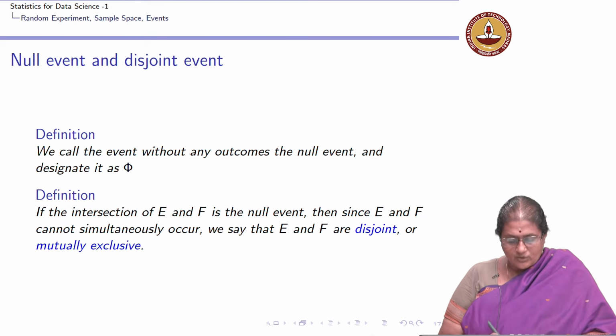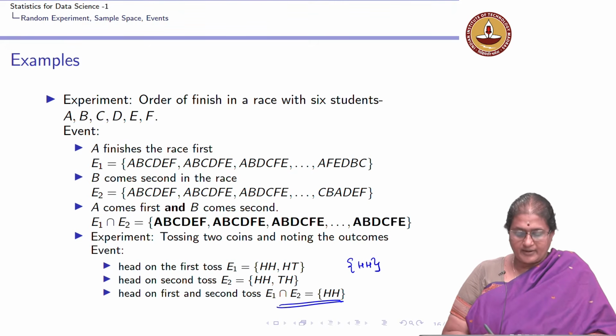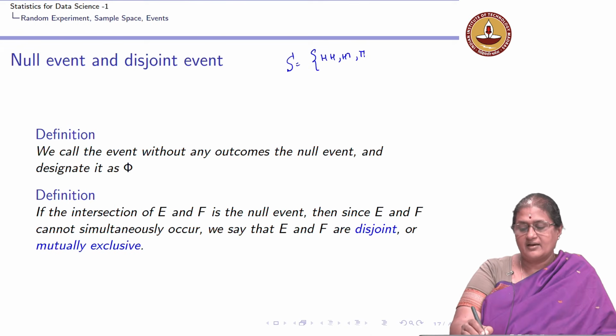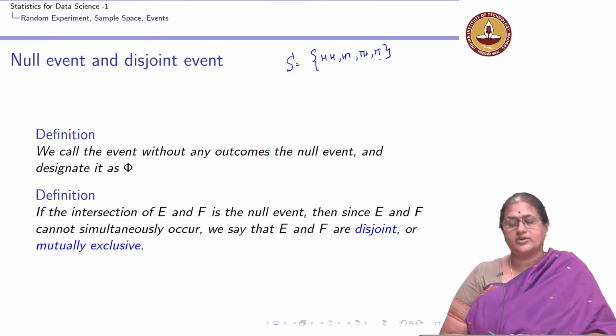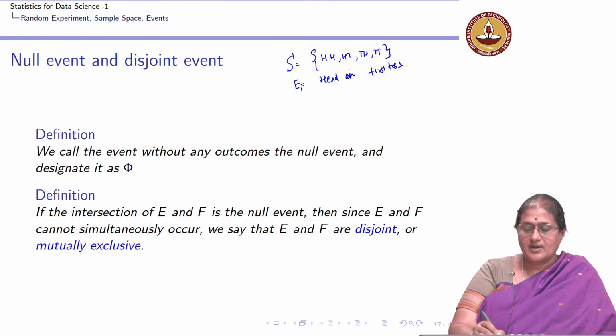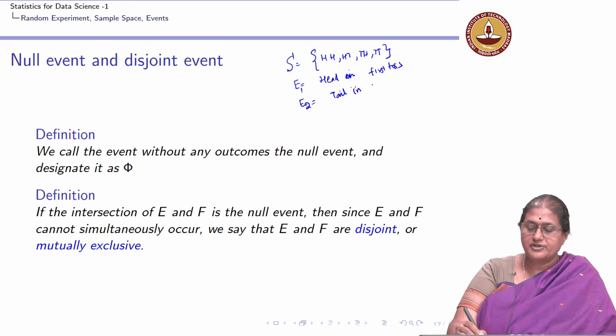So, now suppose I go back here and I define that let S be my sample space again. And let me define an event E1 which is head in my first toss and E2 to be head in second toss, or I can define my E2 to be tail in my first toss.